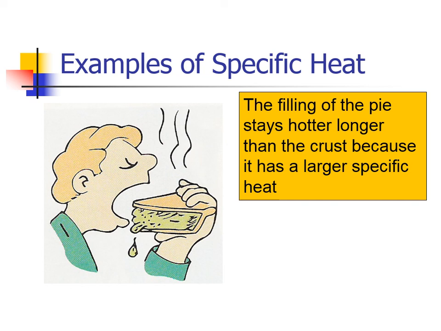They're harder to heat up, they need more energy to heat up, but they also stay hot longer. Larger specific heat values are harder to heat up originally, but they stay hot longer once they are heated up.